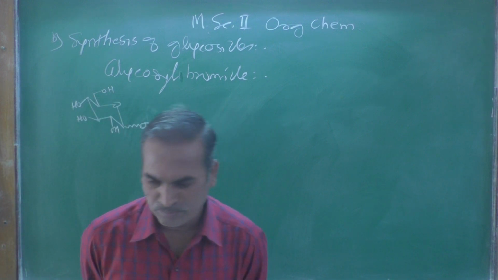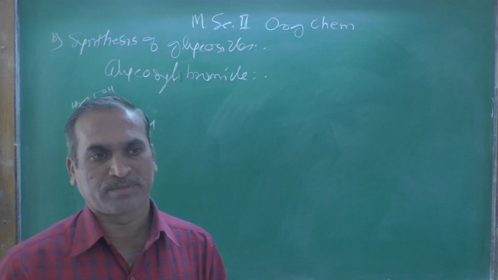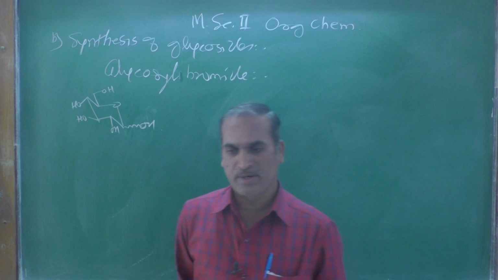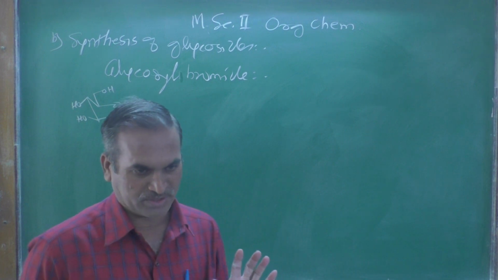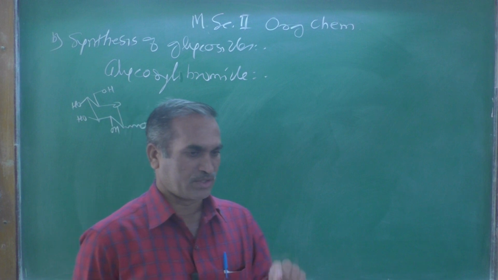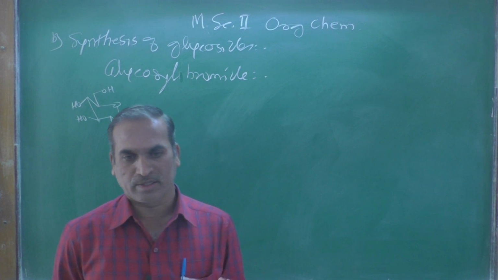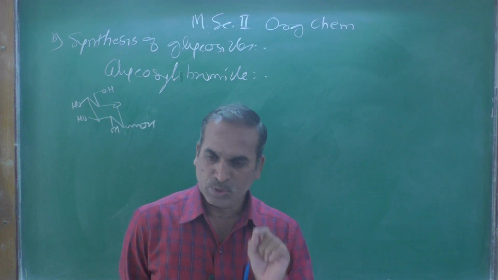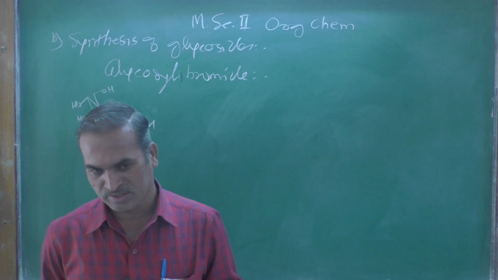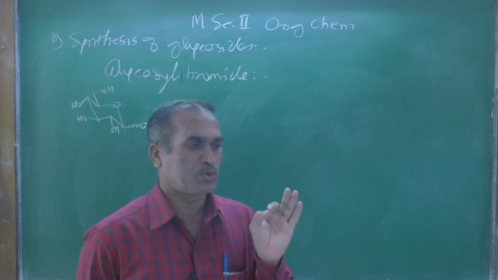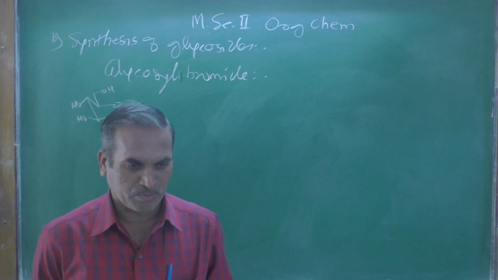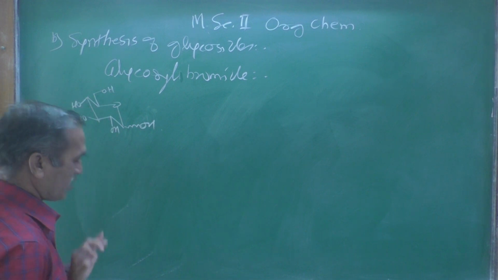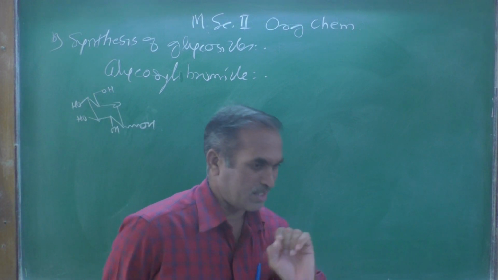Glucose is generally present in the most stable form, which is the chair conformation, and in the chair conformation the bulky groups prefer to stay at the equatorial position due to steric reasons. You should remember that while representing the cyclic structure.